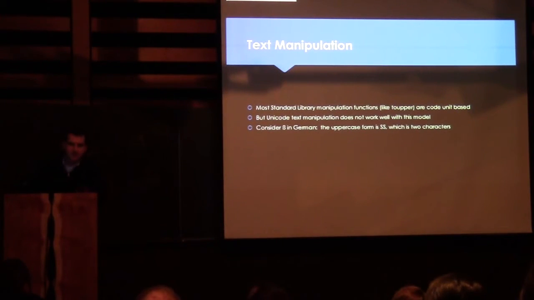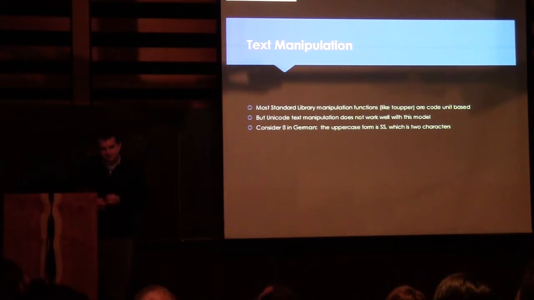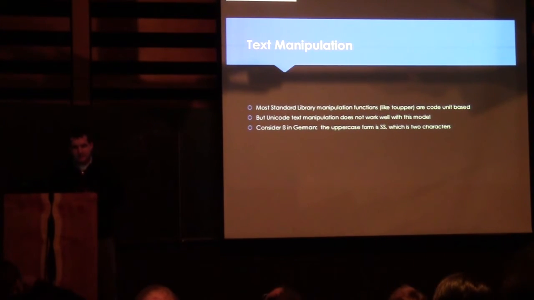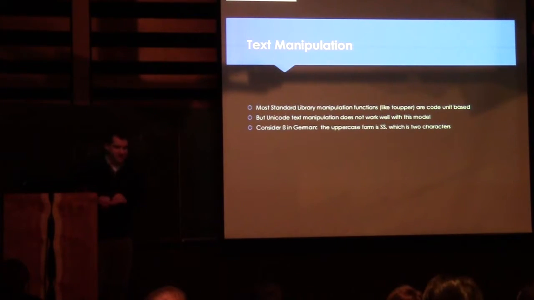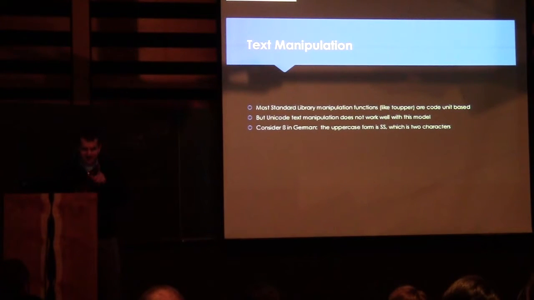Yes? So I've heard there's an effort to make an uppercase sharp S code point which should be rendered as a double S, but which will let you go from lower to upper and reverse it. So the point was that there has been an effort to add an uppercase sharp S code point, and that has happened. I know it's in Unicode. My understanding is that there are very few systems that use it.